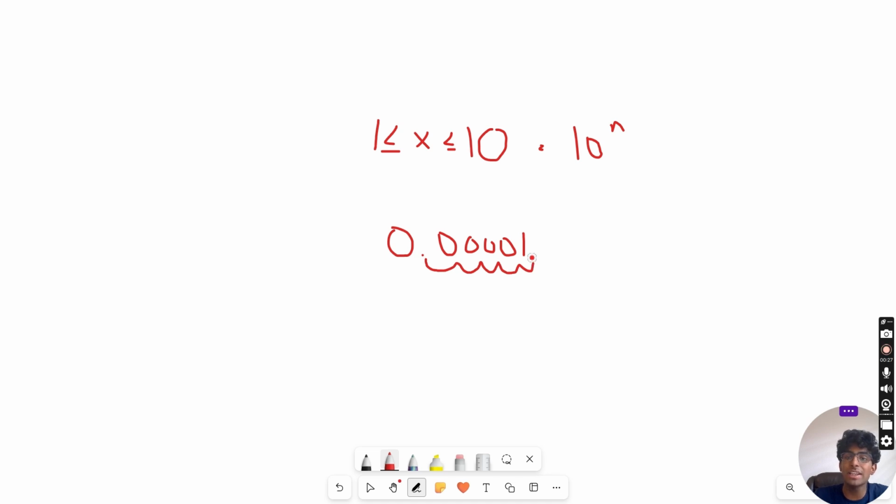Remember, 0.1 doesn't count. It needs to be between 1 and 10. So right here, that's where the new decimal place is. So it'd be 1 times, how many times would we move it to the right? 1, 2, 3, 4, 5. So times 10, and since we're moving it to the right, it would be negative 5. And that makes sense, right? If we were to actually multiply this, we'd get this number at the top here.